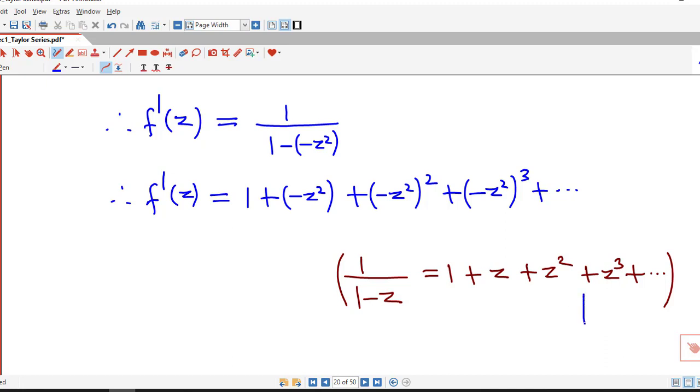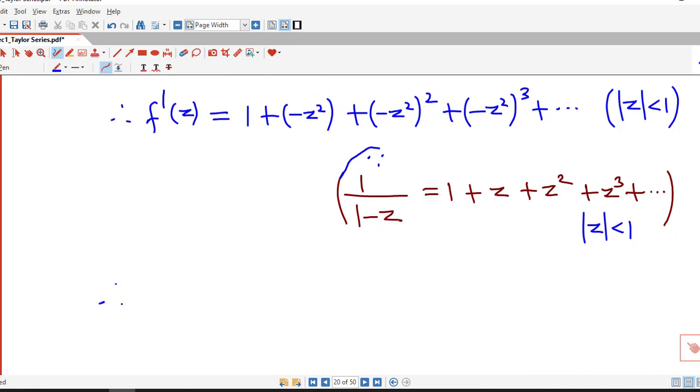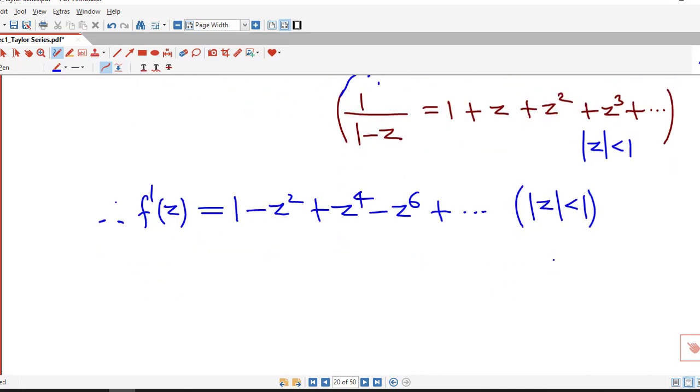Because the standard series is valid in the open disk mod z less than 1, this is also valid in the open disk mod z less than 1. Now we simplify this. f dash z is nothing but 1 minus z square plus z raised to 4 minus z raised to 6, and so on. This is valid in the open disk mod z less than 1.